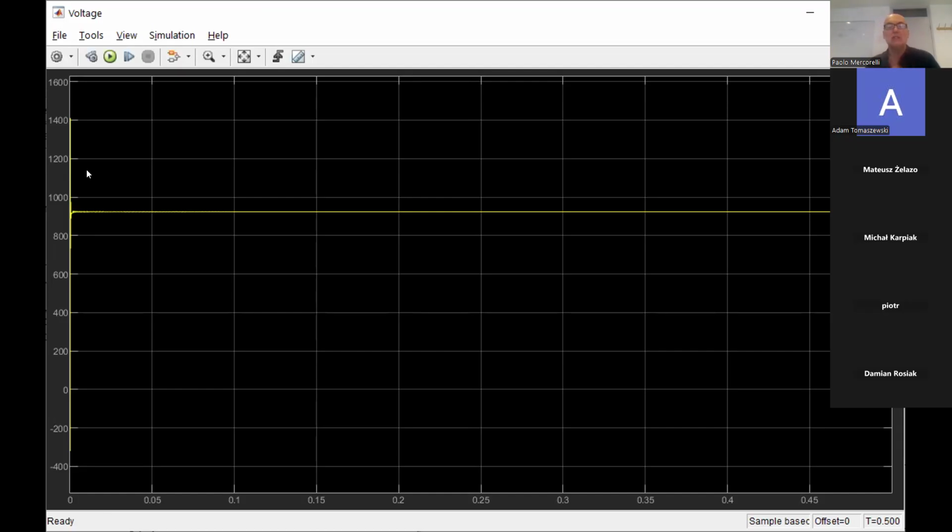The torque is in Joule. Sometimes I make mistakes because very often I work with a linear motor in which we have an input force. Here is a torque, a moment. We can see 1,400 and here 200, minus 200.